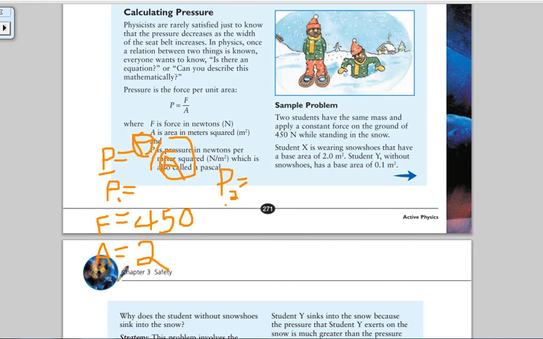The force divided by the area, if we were to plug those in, pressure equals 450 divided by 2. So the pressure for this kid is 225. And that will be Newton per meter squared or pascals. Okay.